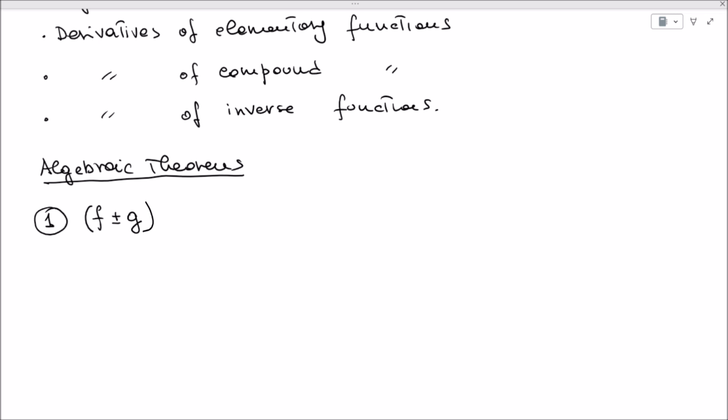If we want to take the derivative of the sum or difference of functions, this is equal to the sum or difference of f prime plus or minus g prime. Second, if we want to take the derivative of a multiple of a function f, where alpha is just a real number, then this is going to be simply alpha f prime.